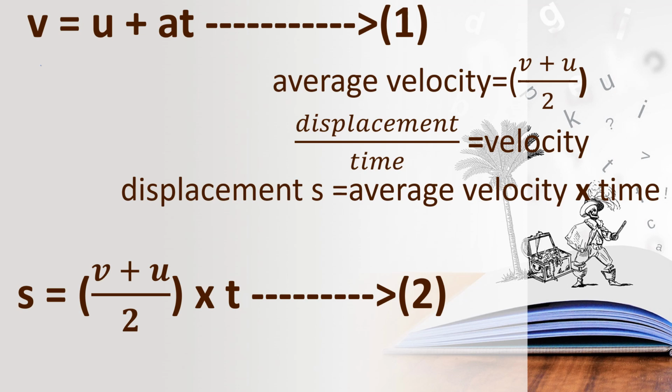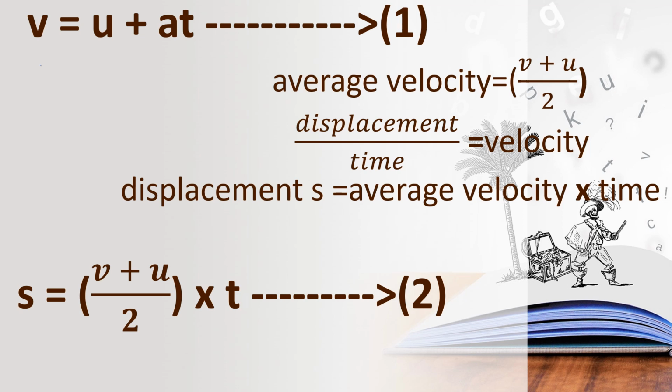Children, did you all understand? First of all, we have derived the equation of motion, that is V equal to U plus AT. And then we know the acceleration is uniform, children, so we are using the average velocity. So average velocity equal to the average of final and initial velocities, children.